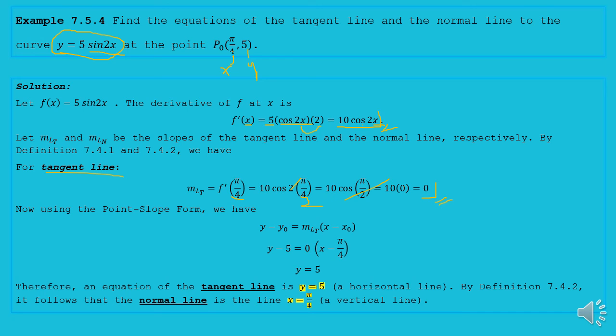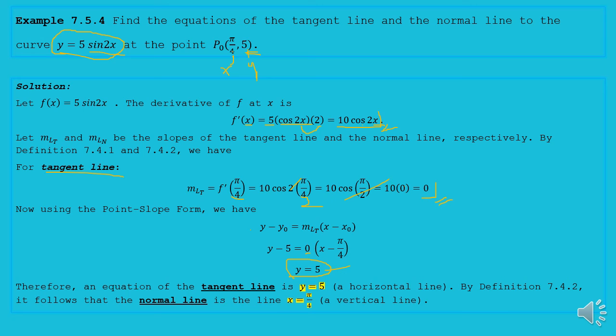So now, using the point-slope form, okay, so we have y minus 5 equals to 0, which means din na 0 sa right side. So, transpose lang natin si 5, so y equals to 5. So, si 5 ay galing sa given nating point na y. So, it follows that, therefore, an equation of the tangent line is y equals to 5, a horizontal line, di ba?